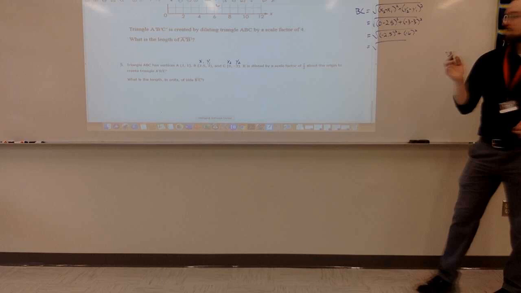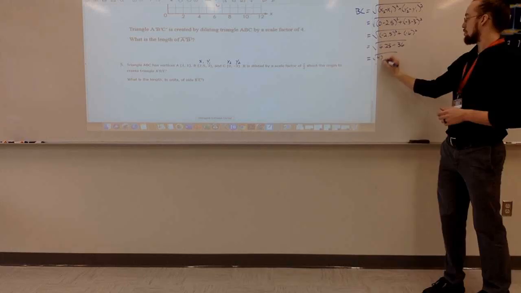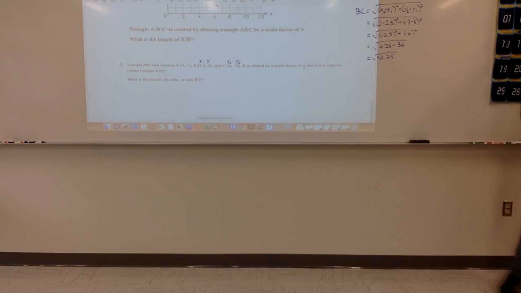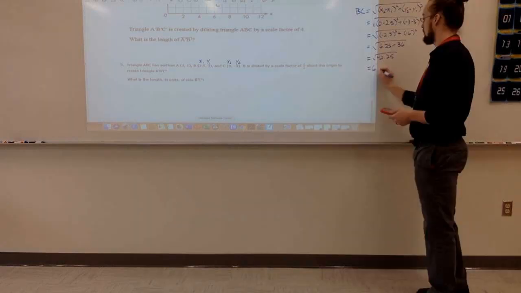And then we would need to take the square root of 42.25, which ends up being 6.5. So the length of BC in my original triangle is 6.5.